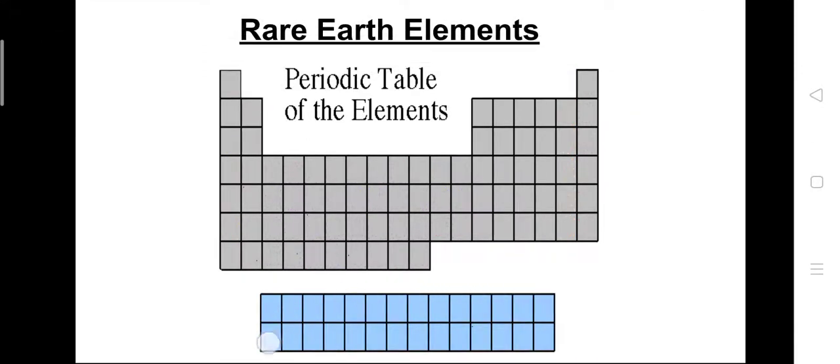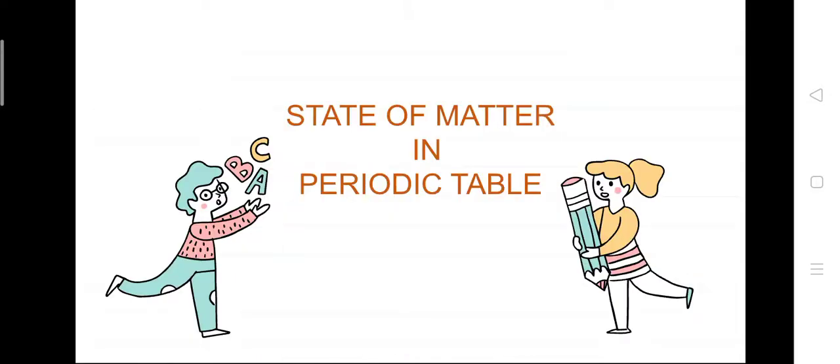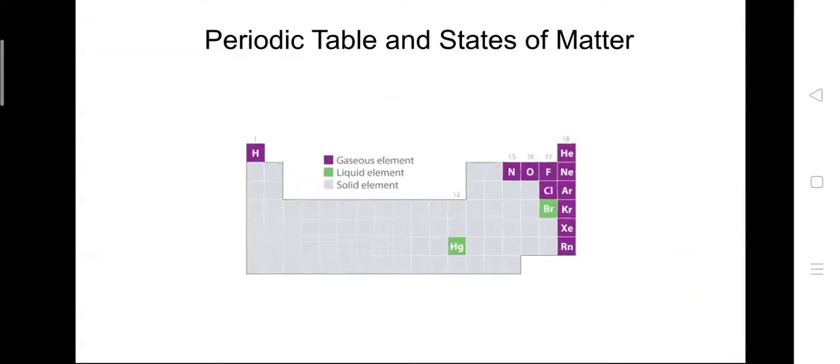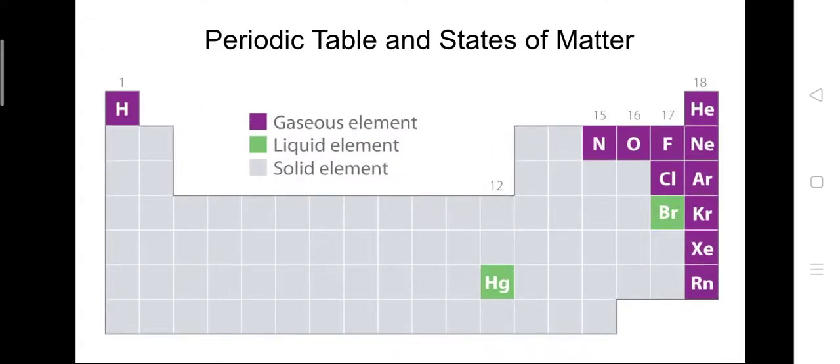Down here we call them the rare earth elements because they are very rare on earth. Now, state of matter in the periodic table. In the periodic table, we can also see which are gas, which are liquid, and which are solid.